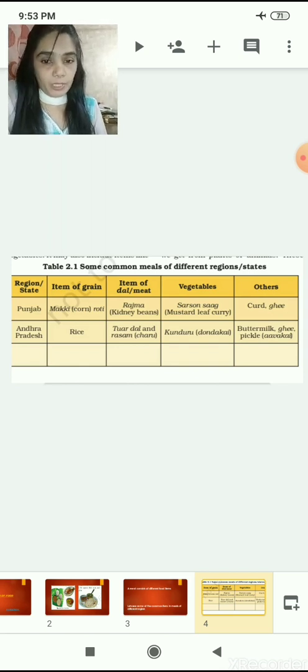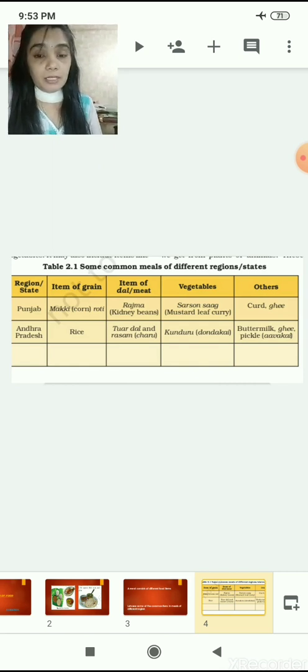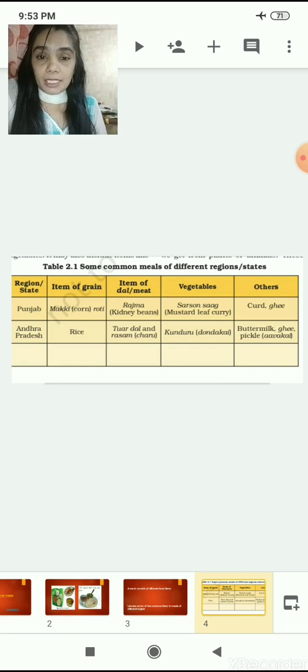Non-vegetarian people have non-veg as a side dish. Otherwise, rajma, that is kidney beans, which is very special for Punjabis. This all we learnt in chapter 1. And some vegetables, sarson ki dal, that is mustard leaf curry. We learned that the mustard plant's seeds are also used and the leaf is also used for making curries. And other side dishes are curd, ghee, etc.